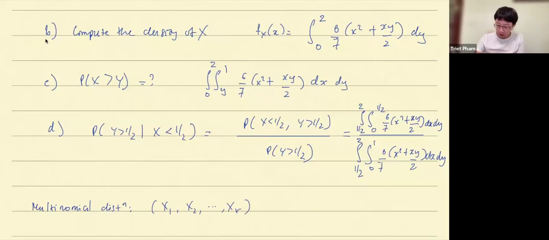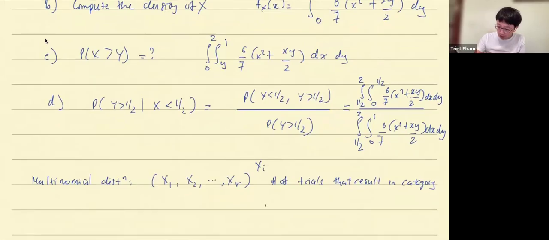We're supposed to track the number of trials that result in category i, for i from 1 to r.